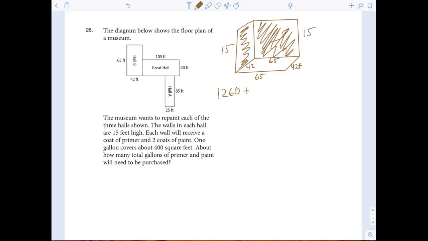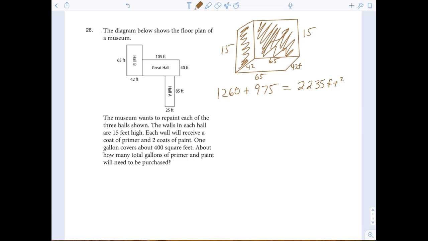So somebody do 65 times 15. So 975. So altogether I need for hall B 2,235 square feet.